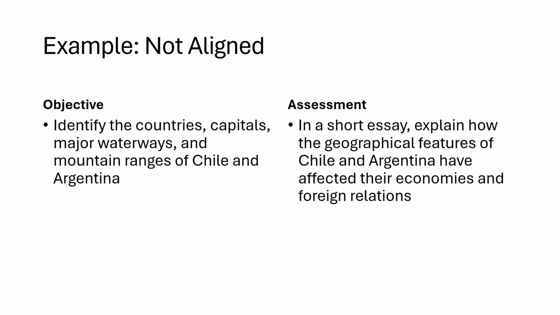And then the assessment is to, in a short essay, explain how these geographical features have affected the economies and foreign relations of these two countries. So who can tell me at what point the alignment went awry? What do you notice about these?